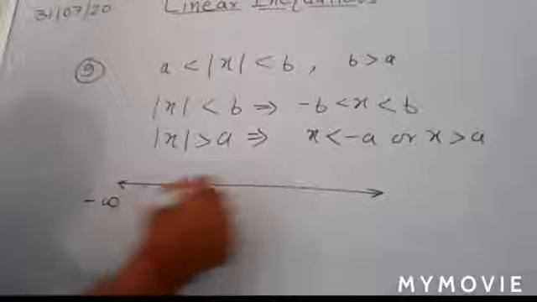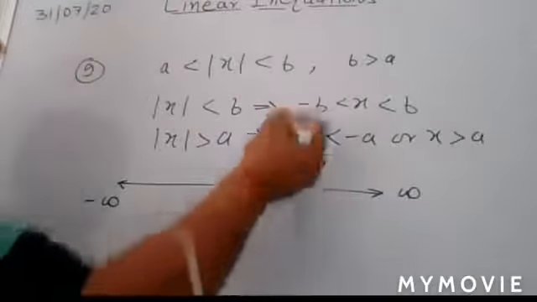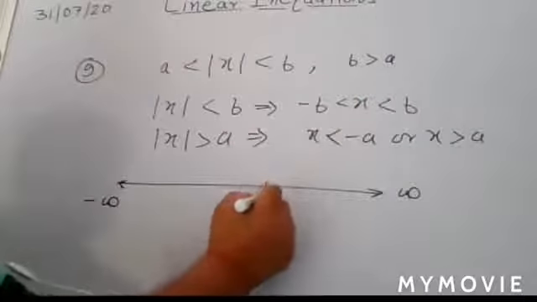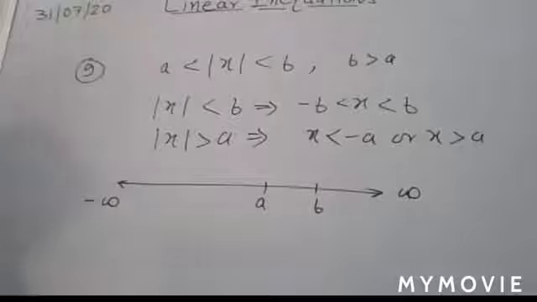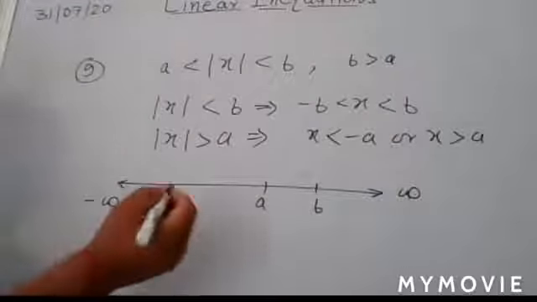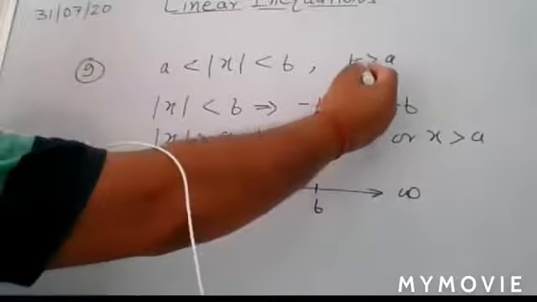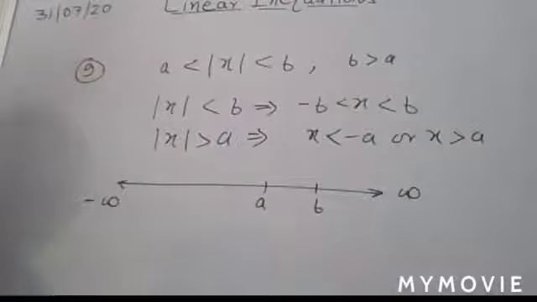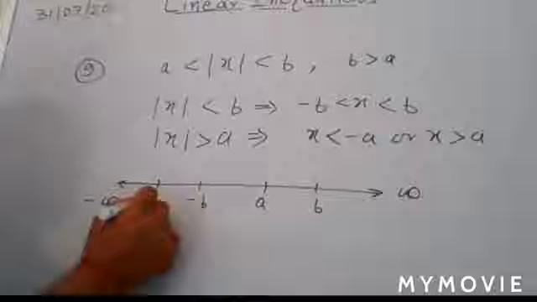Here you have minus infinity, here you have infinity. Plot the points. Since b is greater than a, here you have a, and this side here you have b. Now what about negative numbers? If b is greater than a, then minus b is lesser than minus a. So first plot minus b, and here you have minus a.